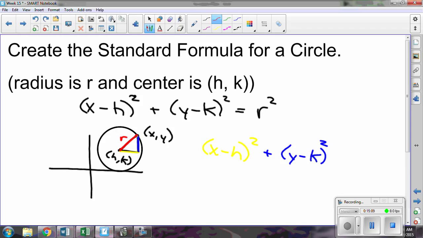So leg squared plus leg squared equals hypotenuse squared. It's nothing but the Pythagorean theorem written in a different way. It's just the Pythagorean theorem written with the specific context of a circle. That's all.